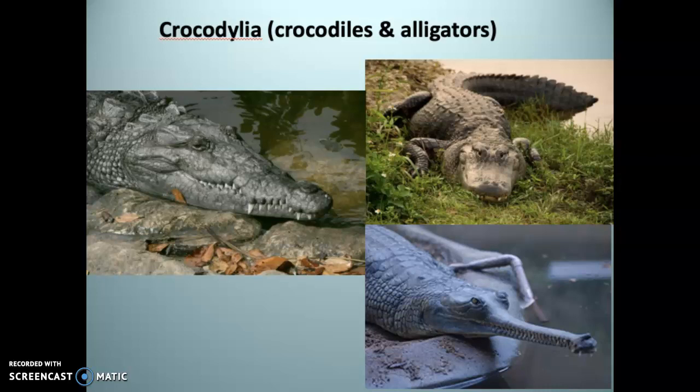What is a little different, this group is one of the few reptiles that will actually take care of their young and show a lot of parental care. Parent crocodiles and alligators, the mamas, will nest. They'll protect the nest, they'll guard the nest, and when the babies are born, they'll keep an eye on them. Most of the other reptiles drop them and go.